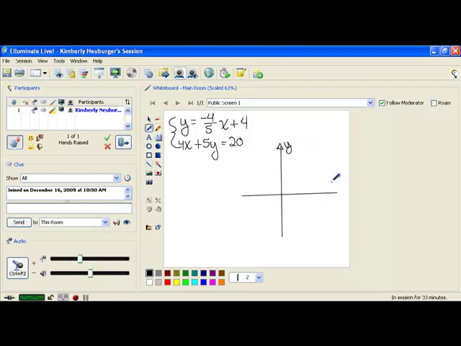We have our y-axis and our x-axis, and we'll put some values on here so we know our scale. Now, I'm going to again color code this. This one will be in blue and this one will be in red.